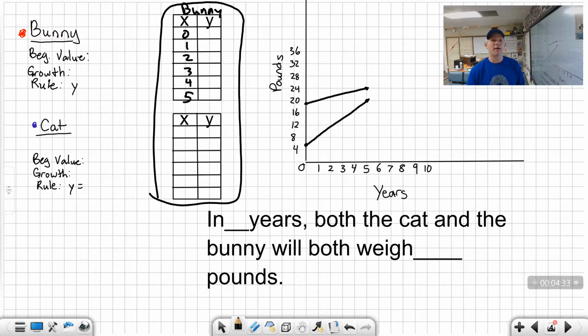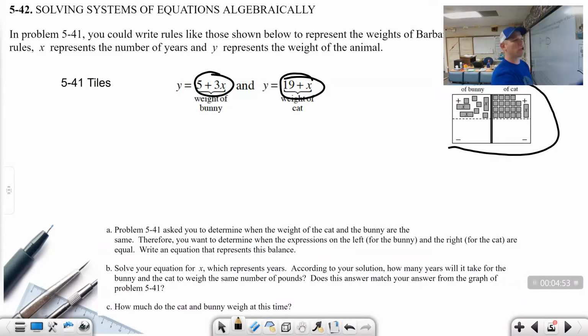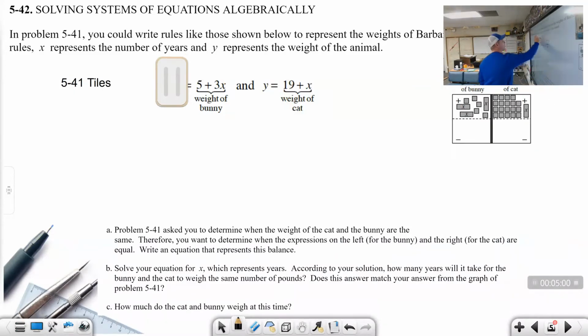And so the purpose of today's lesson is to extend this a little bit further. When tables or graphs are not accurate, what do we do? This is the purpose of today's lesson. In this previous problem, we wrote rules, right? And what we could do is use tiles, okay? But here's what I want you to write in problem 5-42. If this is the bunny, write the word bunny.